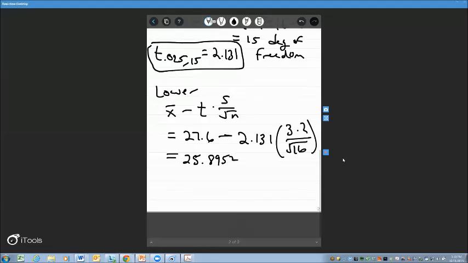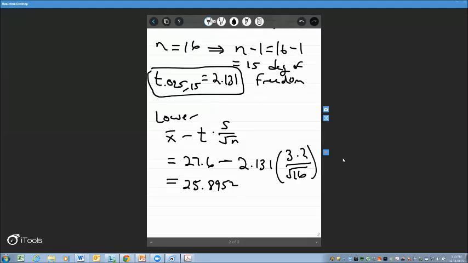And if we want the upper, that's going to be x bar plus t times s over the square root of n, which is 27.6 plus 2.131 times 3.2 over the square root of 16.